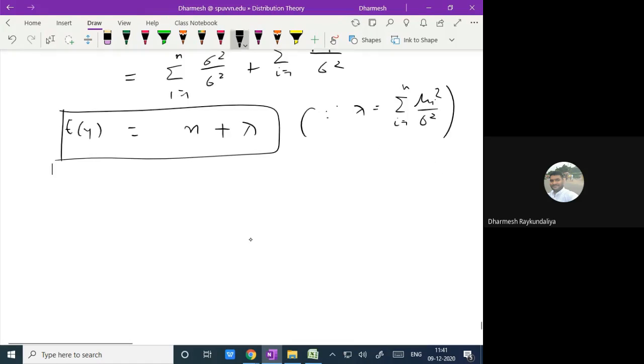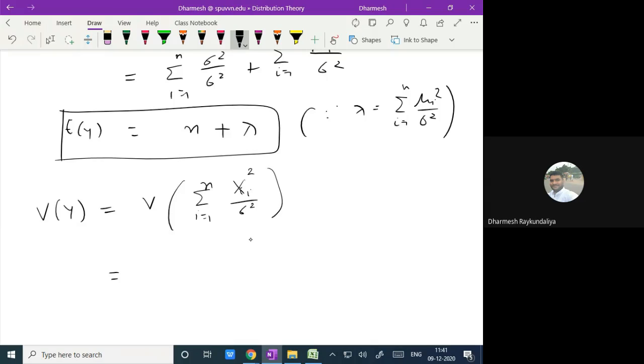What about the variance? The variance of y is nothing but the variance of summation i running from 1 to n of xi square upon sigma square.